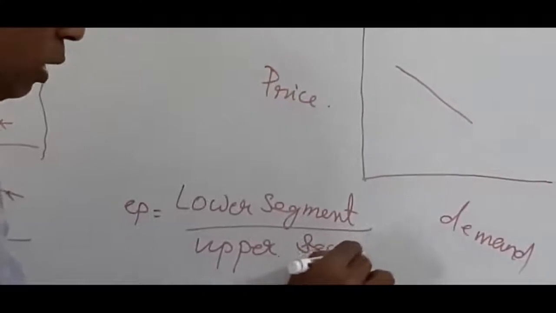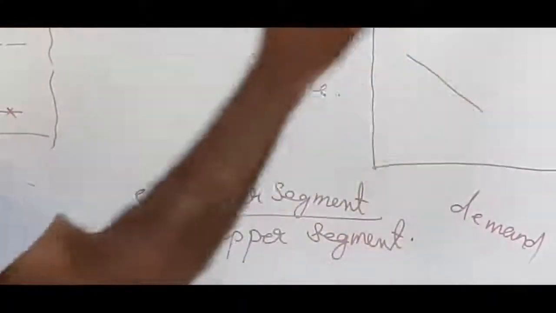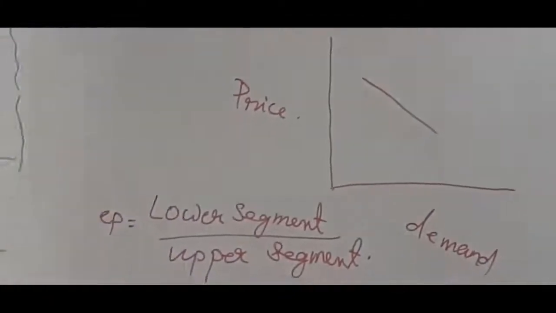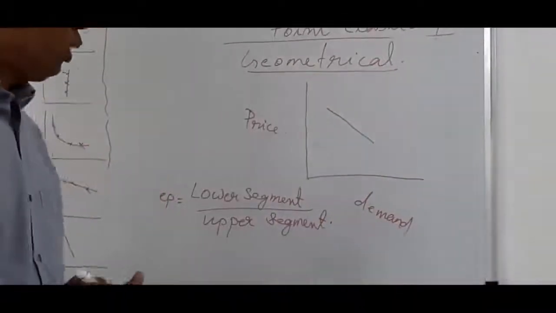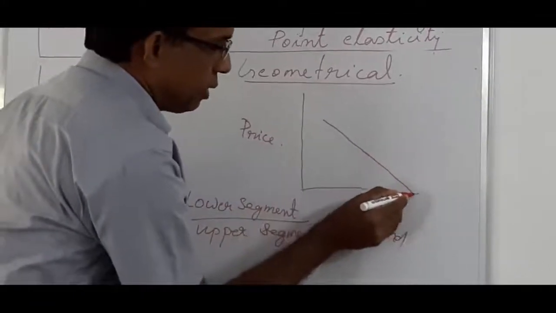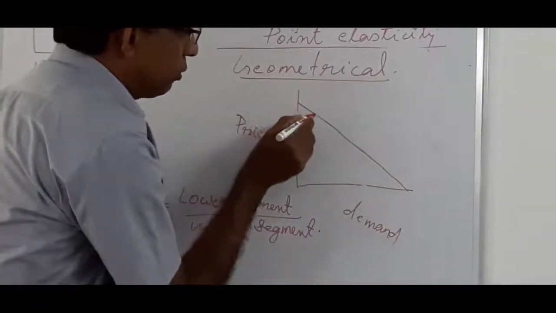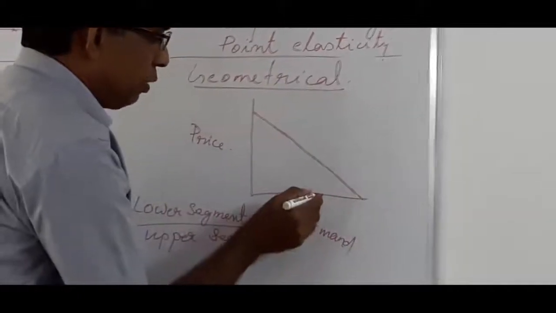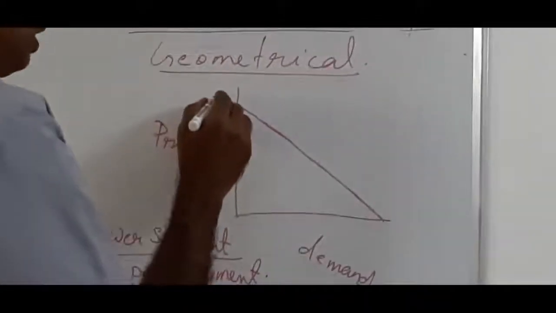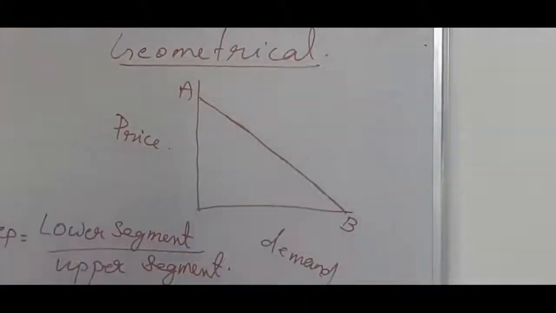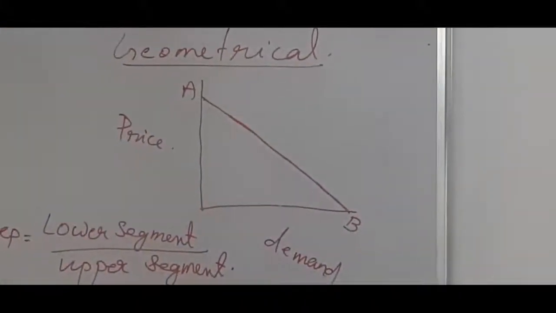That is the formula for calculating elasticity at a point. Clear? First we have to extend the demand curve to both axes, x-axis and y-axis. That is the first step. Suppose the demand curve is AB.